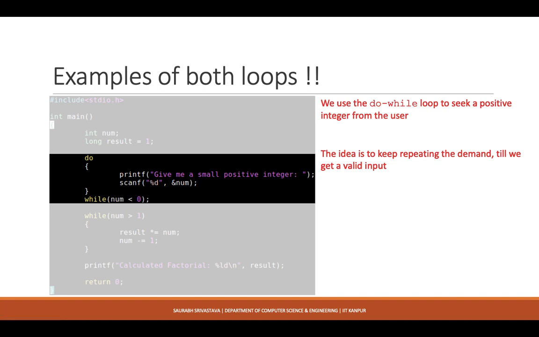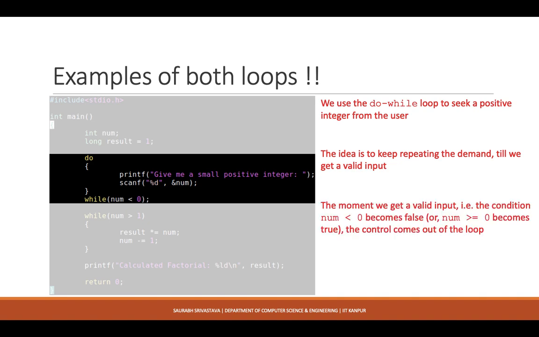Until and unless the user gives me a valid input, I'll just keep on bugging the user basically. But the moment I get a valid input, and what is a valid input here? The moment I get a positive integer, I want to break out of this loop and then do my actual factorial calculation. So now you can see the condition here is num is less than 0.